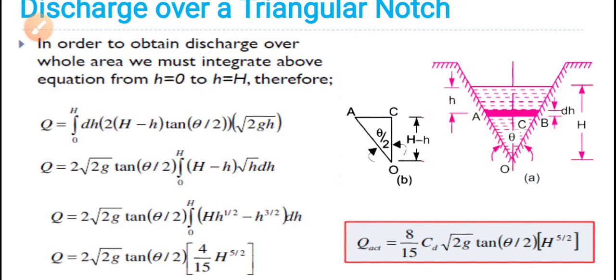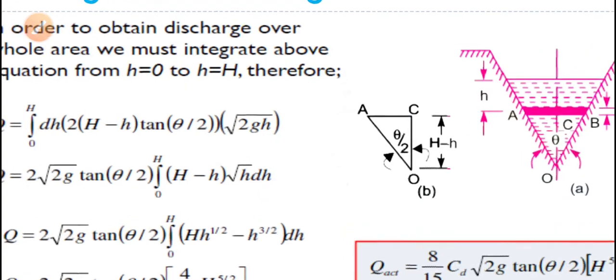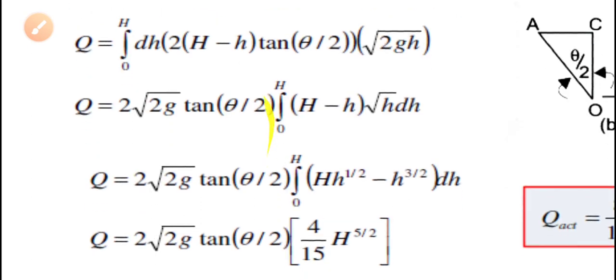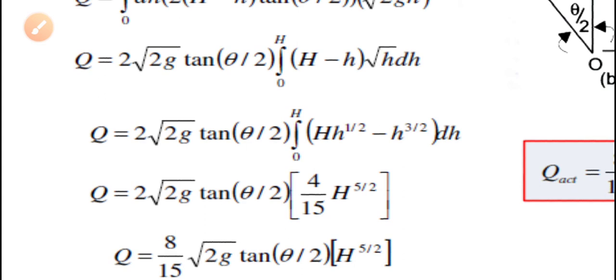Therefore, capital Q is equal to integral 0 to H dh whole multiplied by 2 times H minus h tan theta by 2 multiplied by under the root 2gh. If you simplify this, Q is equal to 2 times root 2g tan theta by 2 integral 0 to H, capital H small h whole to the power of half minus h to the power of 3 by 2, multiplied by dh.